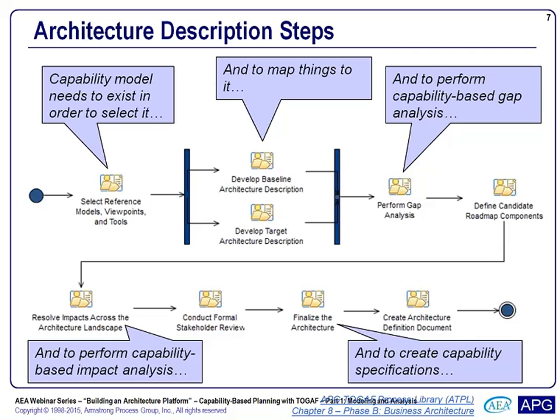So if you're messing with 2 or 3 capabilities that are described, you have some line of sight across the enterprise to know if you're doing things that are in collision or opposition to other development efforts or perhaps opportunities for synergy. Of course, it would be great to know this earlier back in phase A as well. And then one of the last steps in the architecture descriptions phase is finalizing the architecture, and we need a capability model to create detailed capability specifications, which I'll talk about shortly.